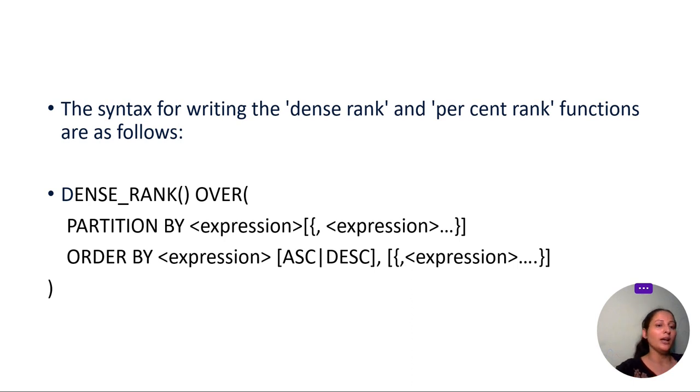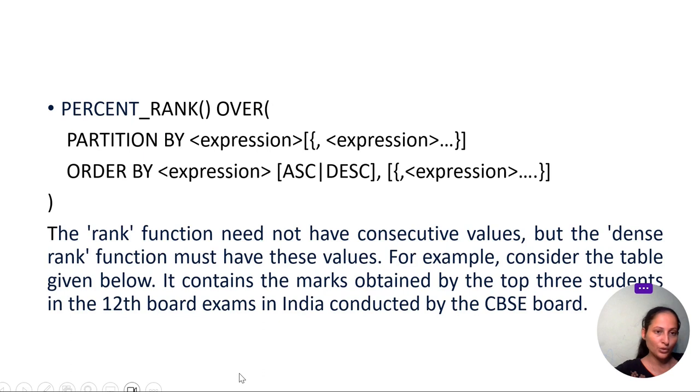It is similar to the rank function; the dense rank and percent rank functions use the same type of query syntax as the rank function. The rank function need not have consecutive values, but the dense rank function must have consecutive values.